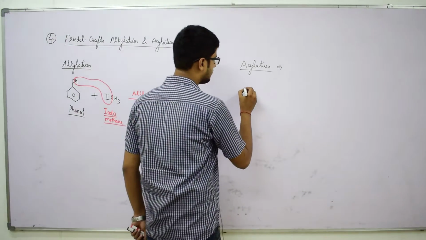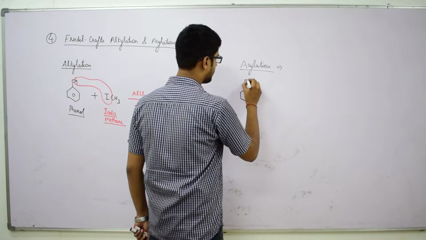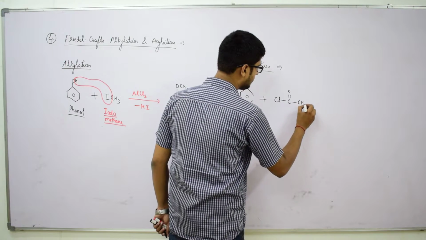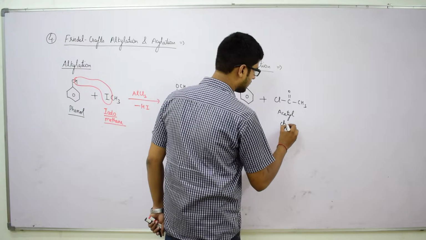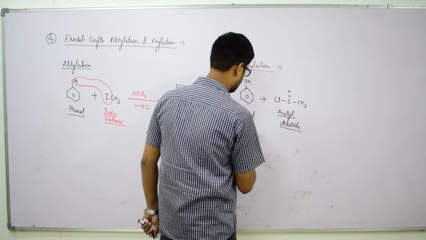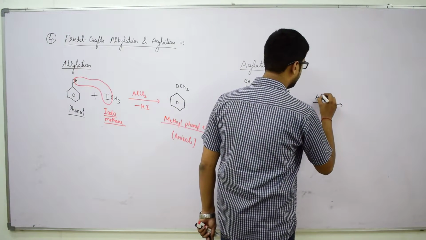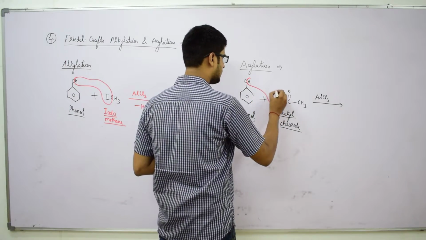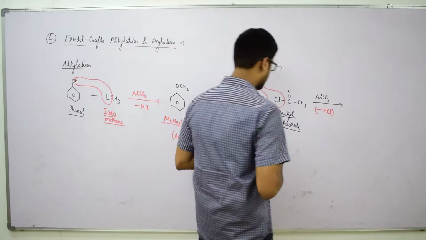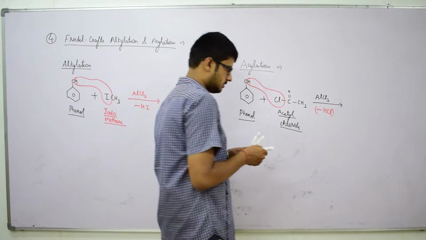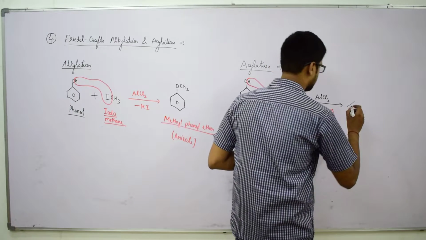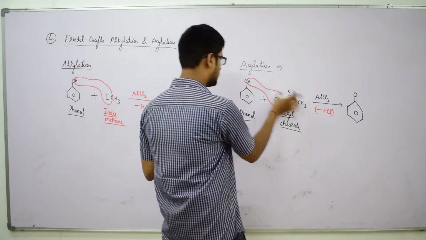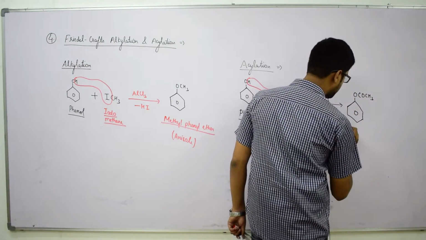In the case of acylation, when phenol is treated with acid chloride, that is ClCOCH3, this is acetyl chloride, and the reaction takes place in the presence of aluminum chloride AlCl3, HCl is again eliminated, and this group is attached over here, and this is COCH3, and this is called acetoxybenzene.